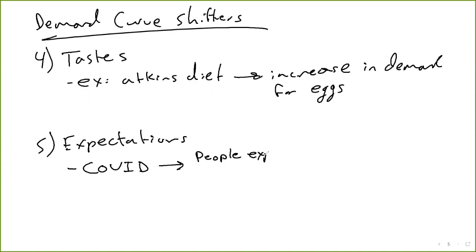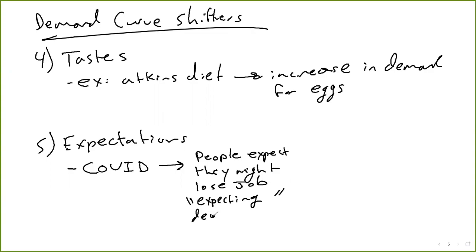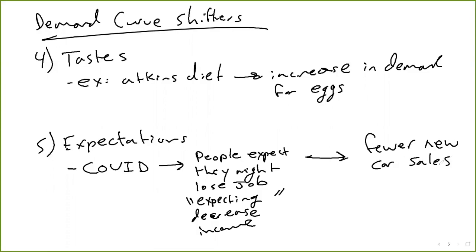So if people expect they might lose their job, or in other words, they're expecting decreased income, that might lead to fewer car sales. And this is exactly what we saw happen.